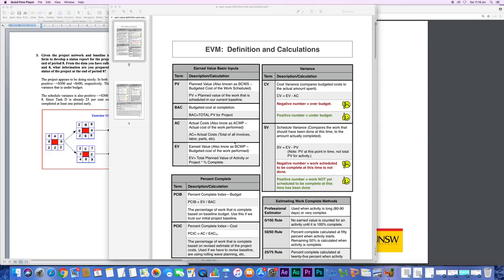We firstly start off with planned value, and a planned value is given to you in a time-phased budget that we covered in previous videos, where cost is actually scheduled.